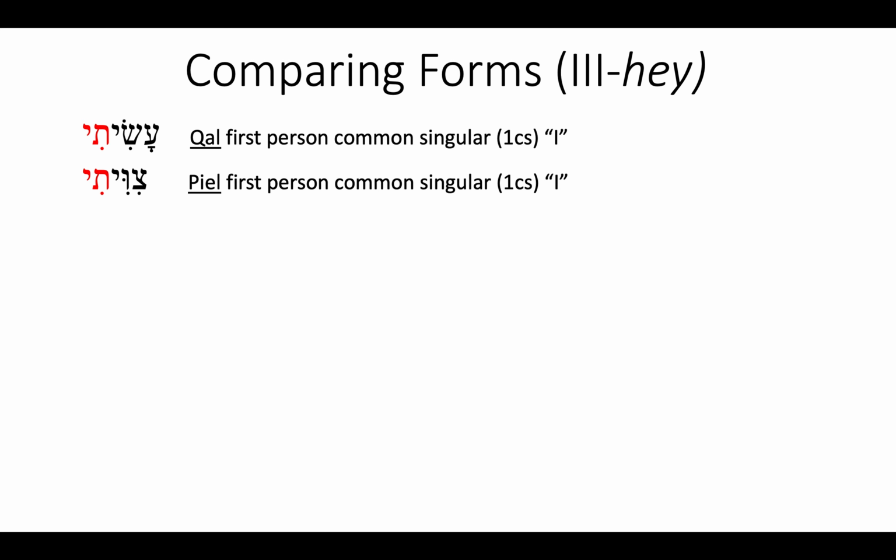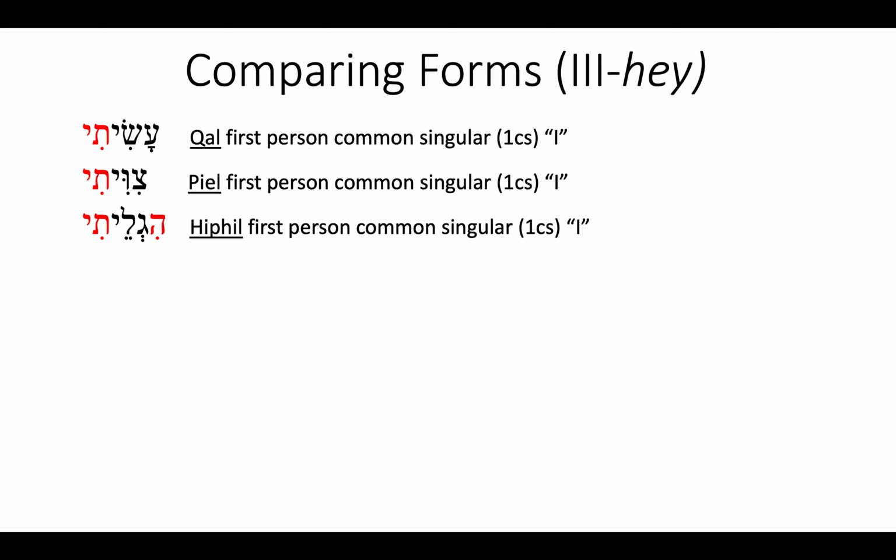And the vowel under the first root letter is a hiriq once again, so instead of an ah, we get an i. But the exact same thing has happened with third hey. So this is how third hey verbs look the vast majority of the time in most perfect forms.